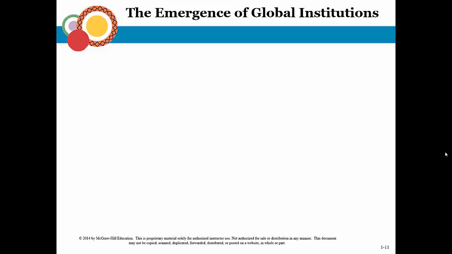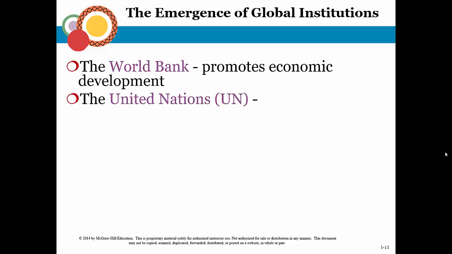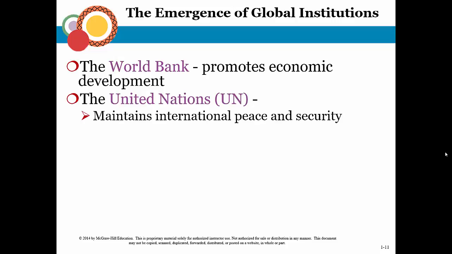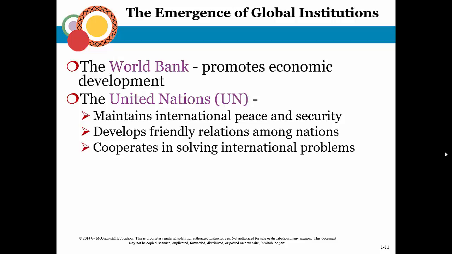Another one that we should consider is the World Bank, which promotes economic development. Then there's obviously the United Nations, the UN, which really maintains international peace and security, because without that, trade and globalization in terms of economies can't take place. They develop friendly relations among nations. They help coordinate to solve international problems.